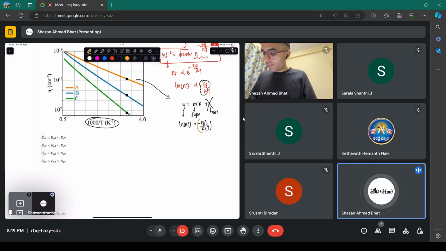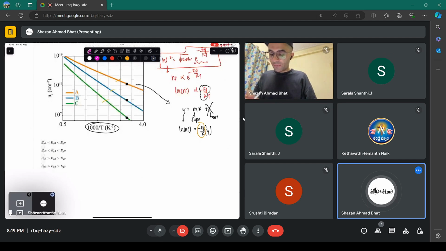That means it has a negative slope. These all have negative slopes. And as you increase the temperature, 1000 over T will reduce. So the temperature is increasing in this direction.